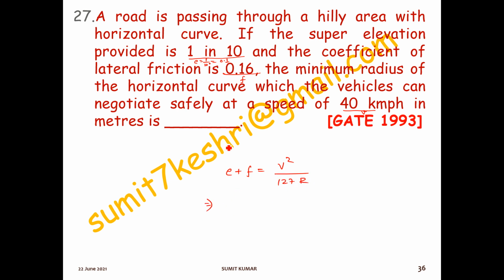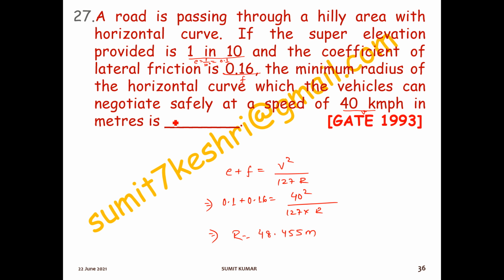The value of E is given in this question, 0.1. The value of F again is given, that is 0.16, is equal to V square, that is velocity 40 square, divided by 127 into R. Simply solve this equation and you will get the value of R as 48.455 meter.